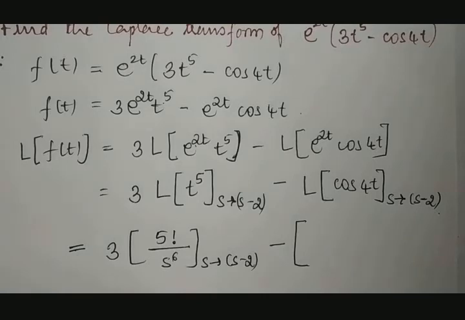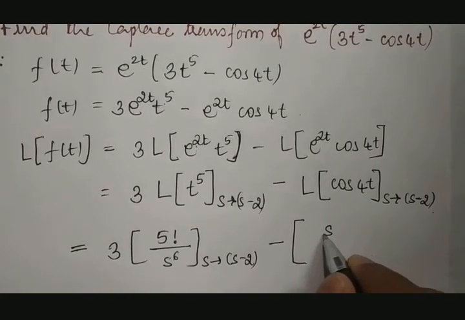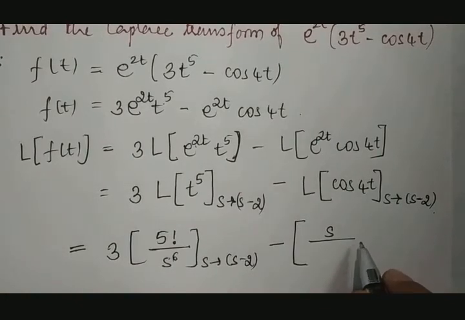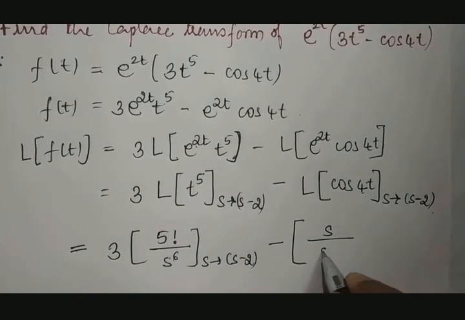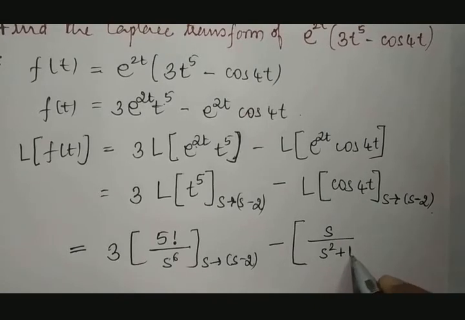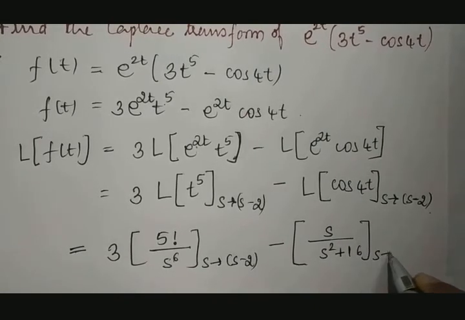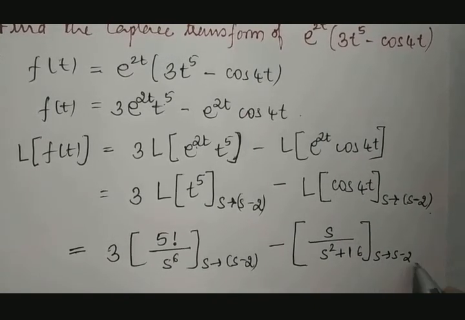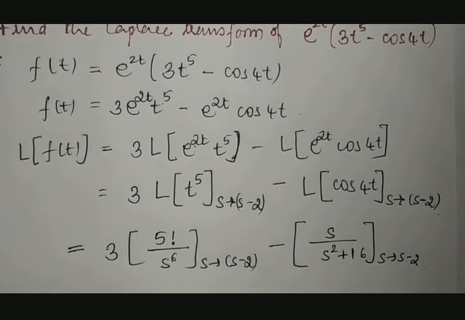The Laplace transformation of cos 4t is equal to s divided by s square plus 4 square, that is 16, where s is going to be replaced by s minus 2.